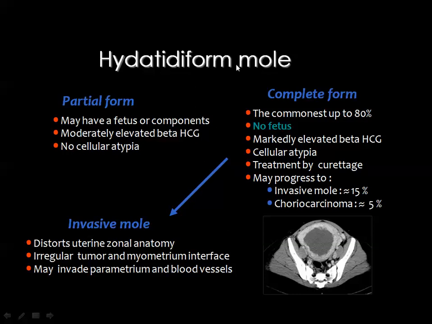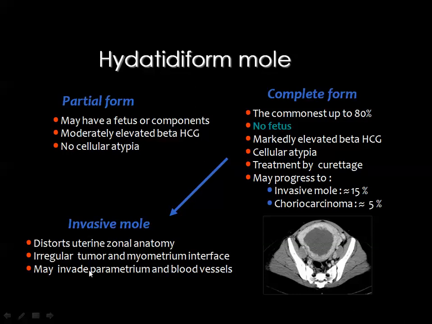It may present in the complete form or partial form, or as invasive mole or choriocarcinoma. The complete form is the commonest one, and in the uterus there is no fetus, and the human chorionic gonadotrophin is markedly elevated, and this may progress either to an invasive mole or to a choriocarcinoma.